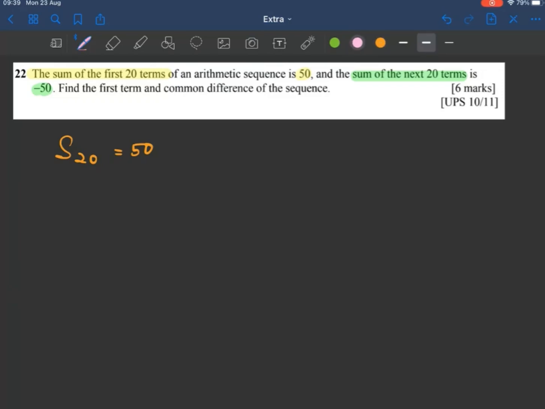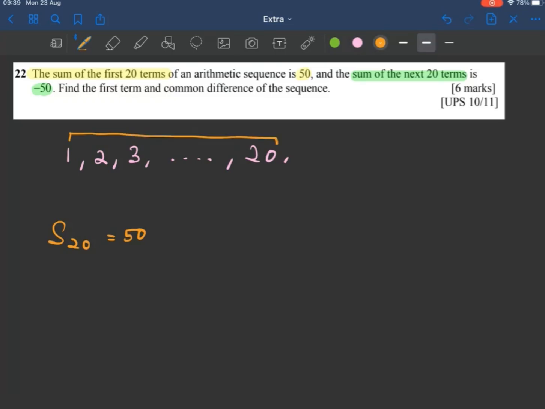Which is kita ada contoh, kita ada bawah lah. First term, second term, third term dan seterusnya sampai ke 20th term. Okay, which is we know that this is S20, which is equals to 50.